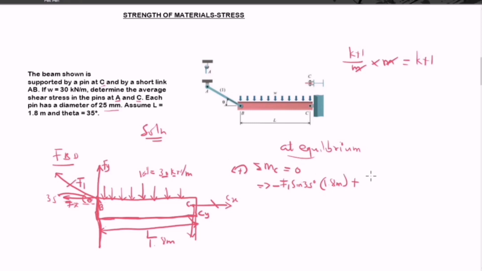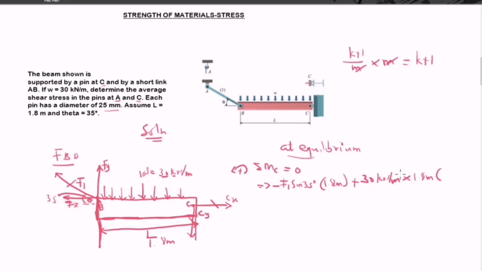So in that case, we are going to have 30 kilonewton per meter times 1.8 meters. That is the force that we are going to get, because when you multiply 30 kilonewton per meter by 1.8 meters, you're going to have the force in kilonewton. Then the distance here, the W is acting at the center of the beam.